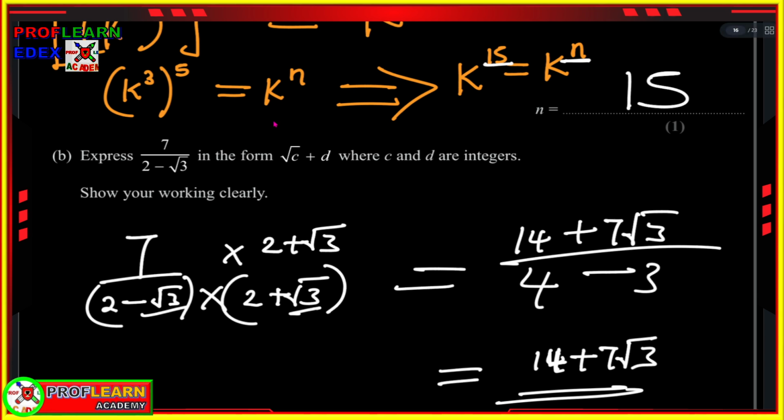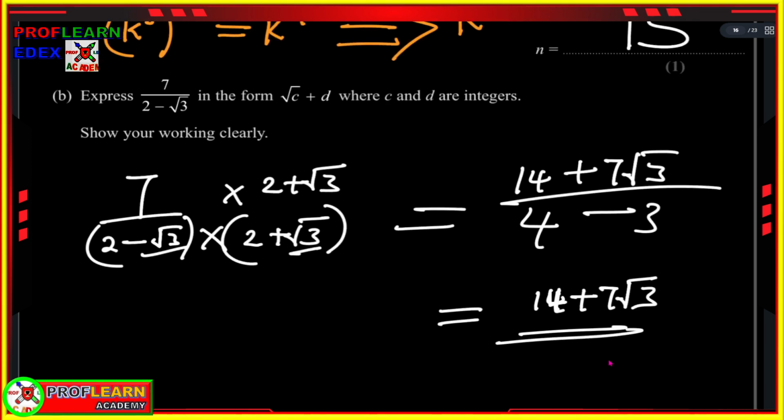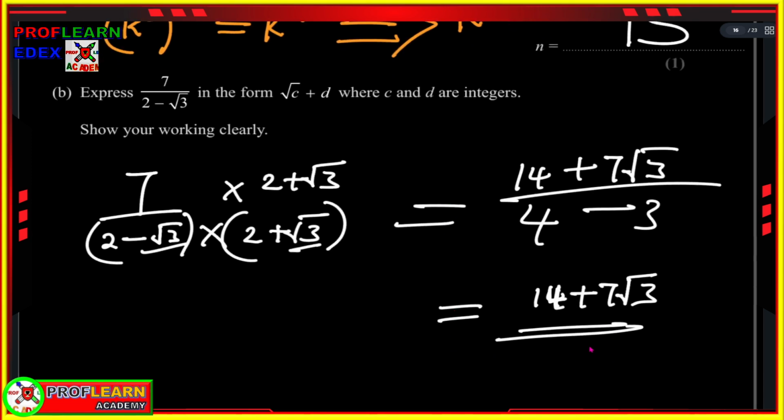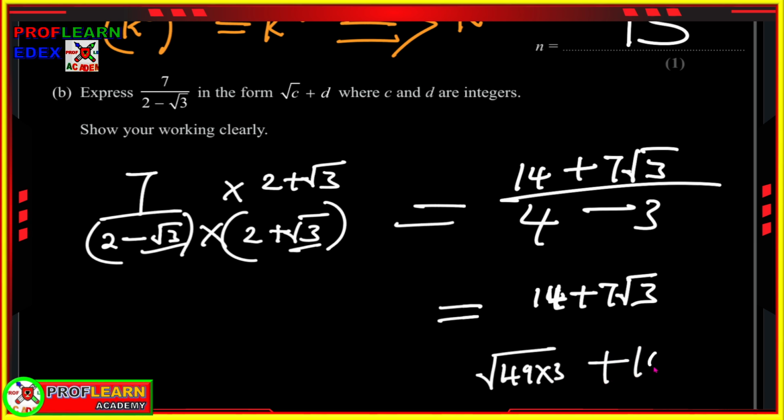But if you look at this question, it's part C, so we cannot leave it in this format. So we are going to say 7 squared. Which number do you square to give you 7? It is 49. So this can be written as the square root of 49 times 3, plus 14.